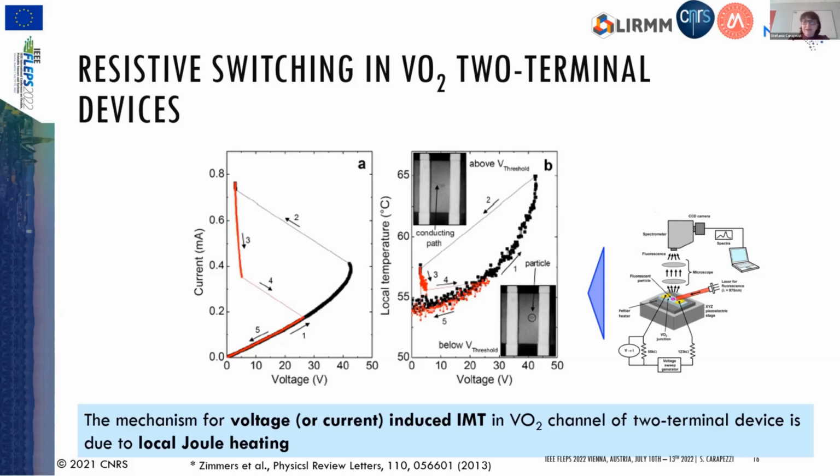And in this case, there is debate about what the exact mechanism is, but there are experimental evidences that point toward the role of the Joule effect, so self-heating, contributing an increase or a decrease of temperature inside the device as the main mechanism triggering the resistive switching in VO2 devices.